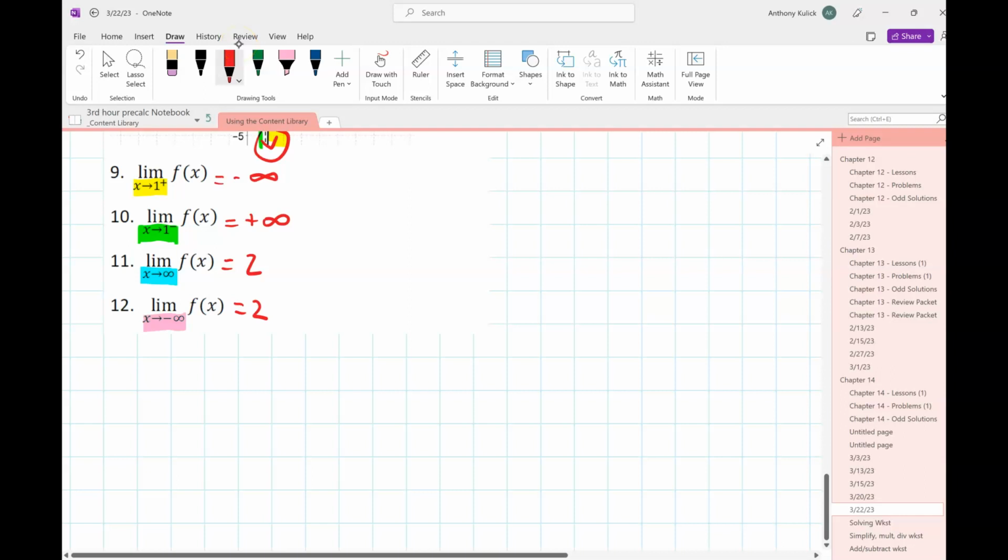So Friday we're going to do the chapter 14 homework quiz, just as a heads up. That homework quiz is going to be 14.1 stuff.